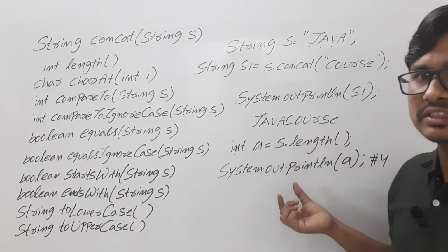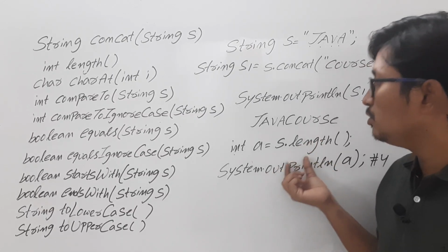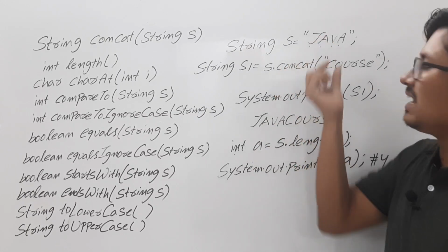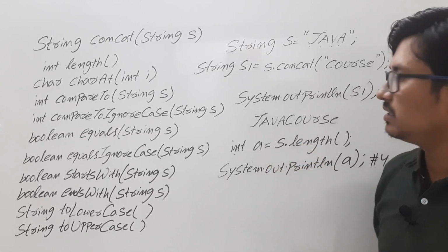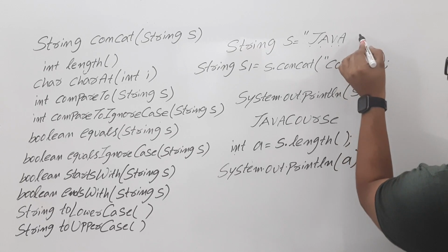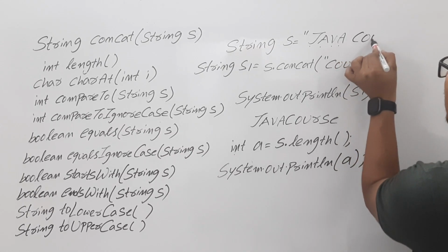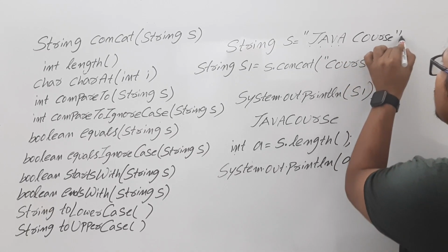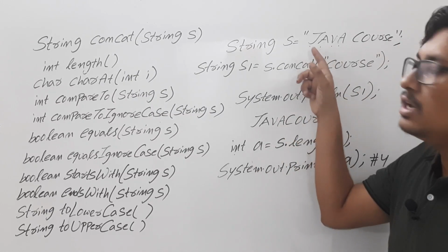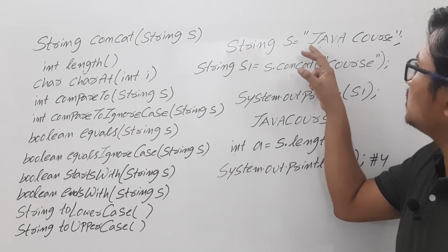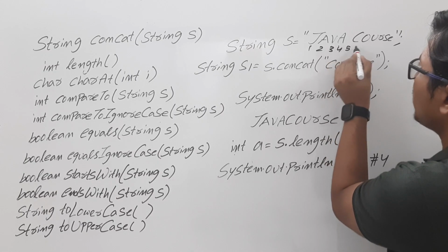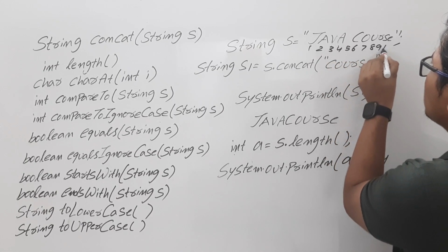The length method will be useful for you to count the number of characters in the string. Suppose let's take that if I have the string called Java course, Java space course, then it even counts the space also. So in this case how many characters are there? 1 2 3 4 space 5 6 7 8 9 10 11.